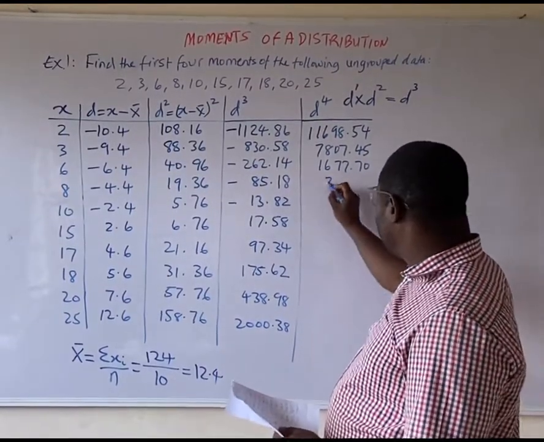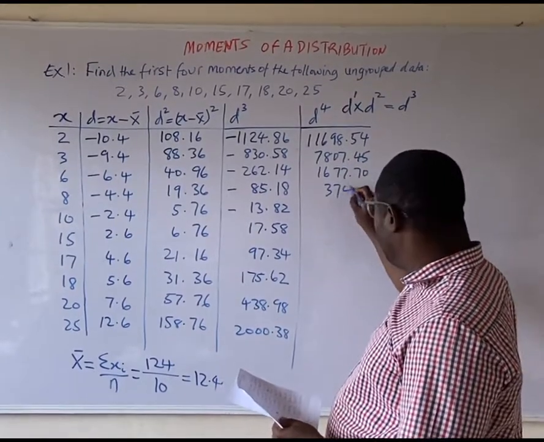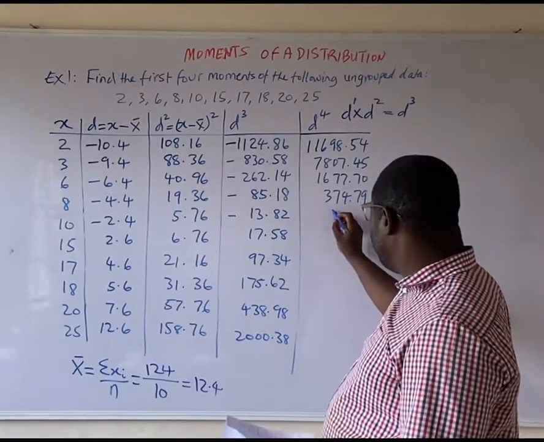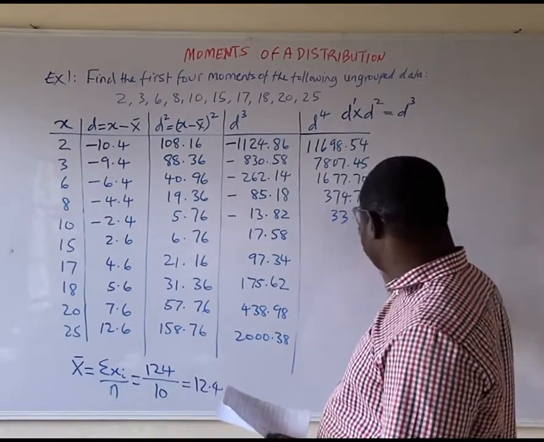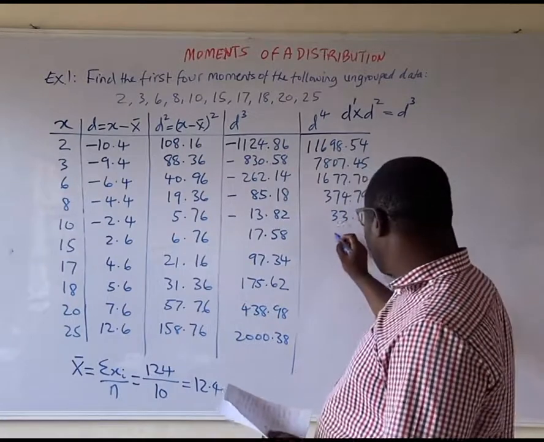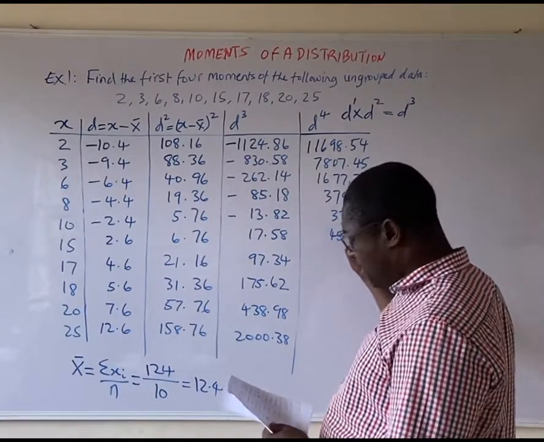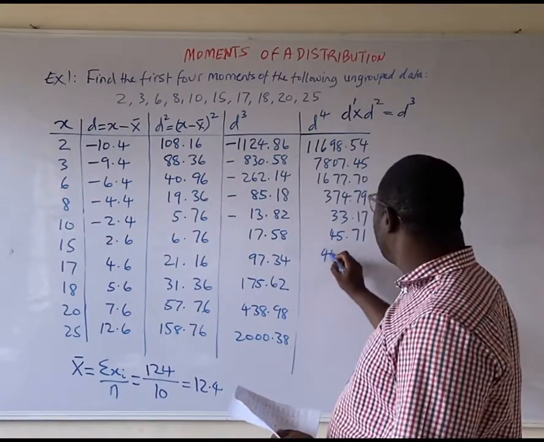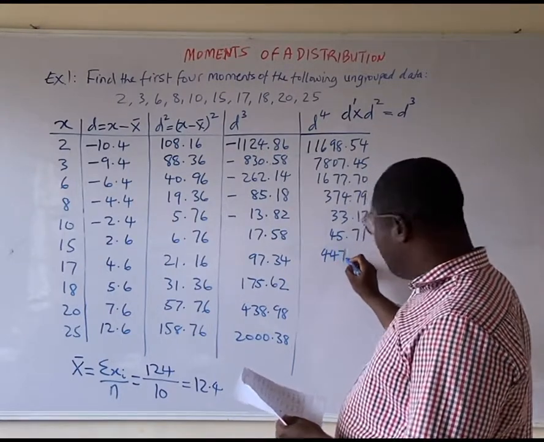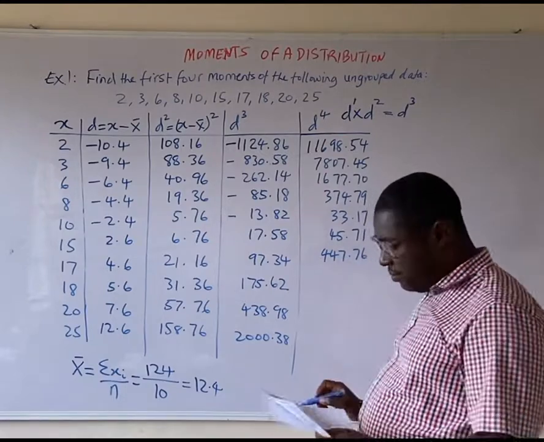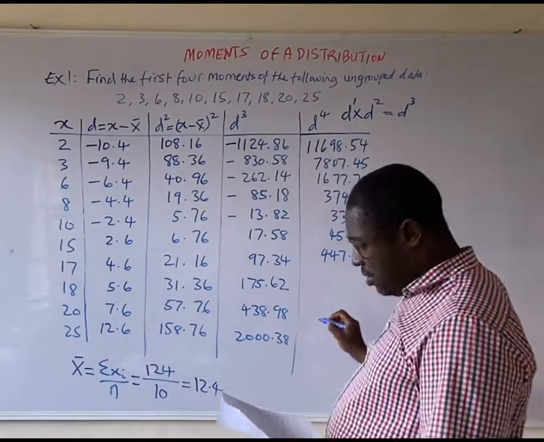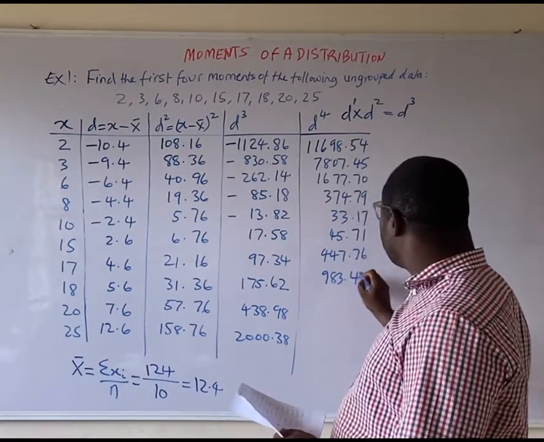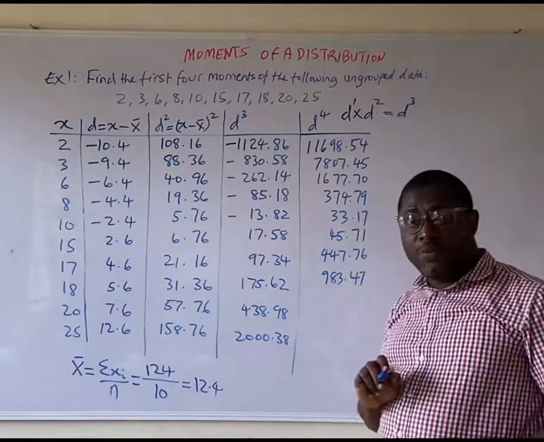The next one is 374.79. The next one is 33.17. The next one is 45.71. The next one is 447.76. The next one is 983.47. I trust you're doing that with me.